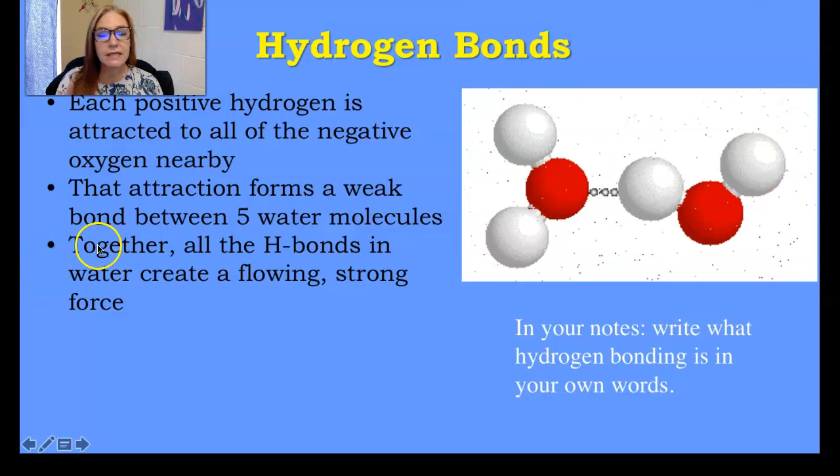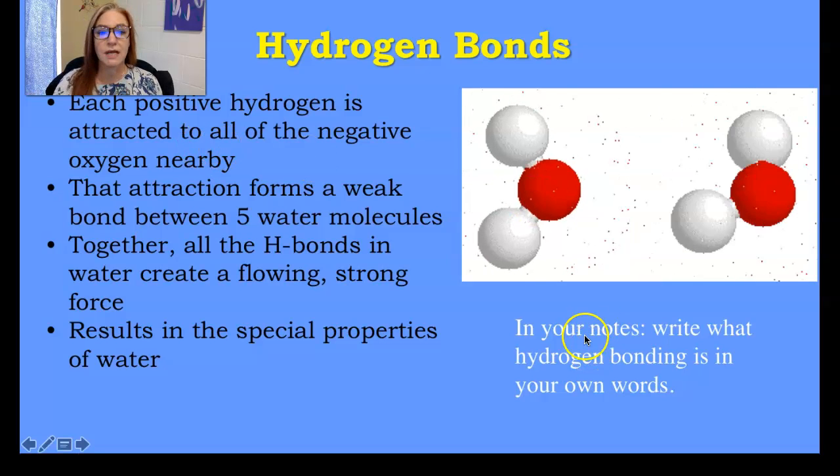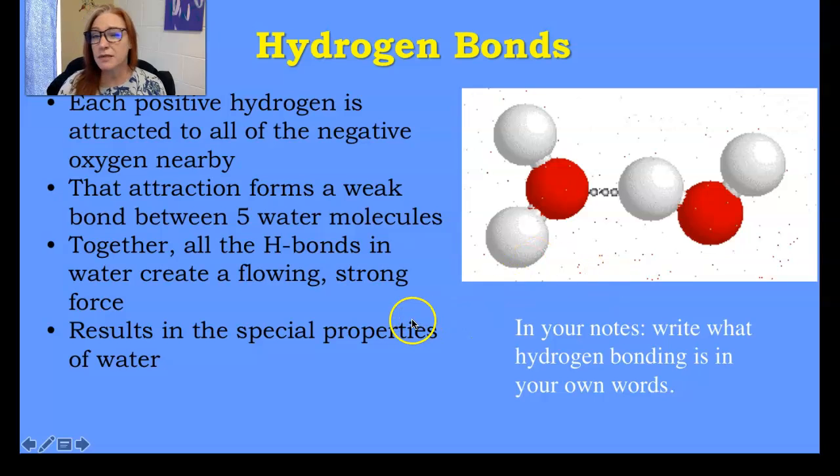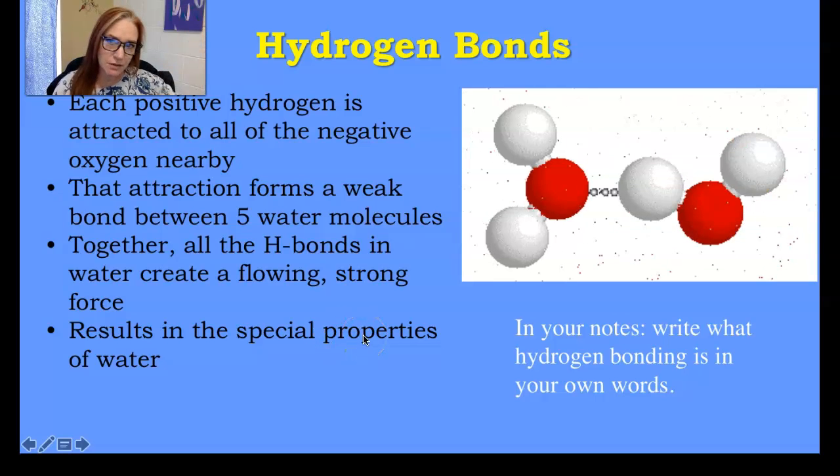And those bonds are easily broken. They break apart, they reform. That's what gives water its special qualities, and we're going to talk about each of those. In your notes, you should summarize what hydrogen bonding is in your own words. You can pause me anytime you need to.